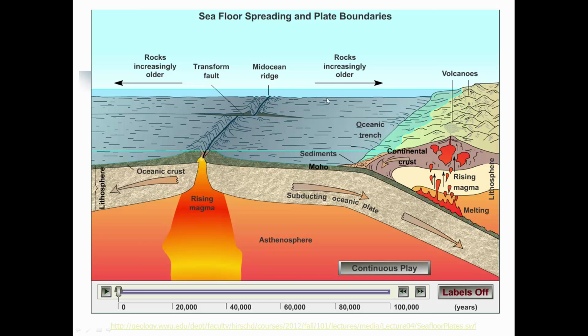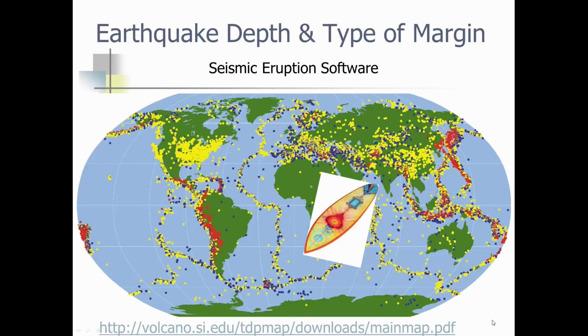Older rock moving that way and older rock moving this way, except the rock gets older on this side because this side it gets moved back down. And the Moho, which is actually the barrier between the crust and the upper mantle, except if we take the crust and the upper mantle, these are the lithospheric plates.